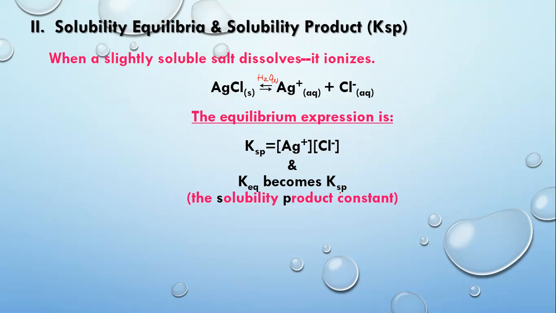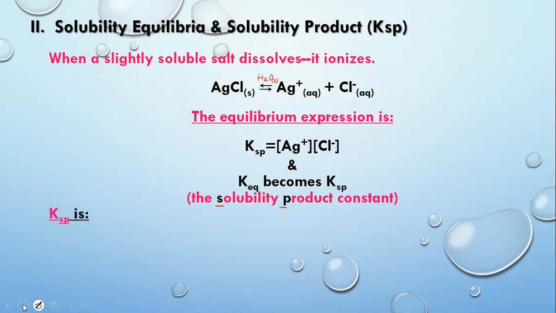So just keep that in mind. These are your equilibrium constant expressions, and the K is your equilibrium constant. But in terms of the slightly soluble salt, we call it the solubility product constant, and that's where the SP comes from, solubility product.